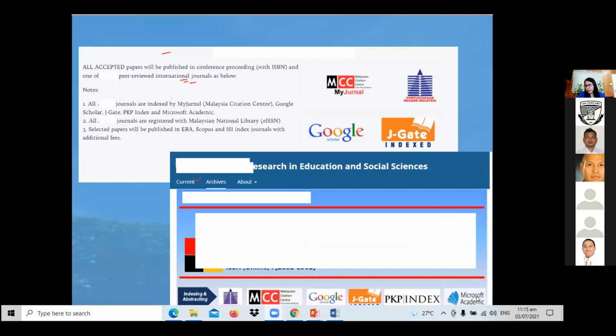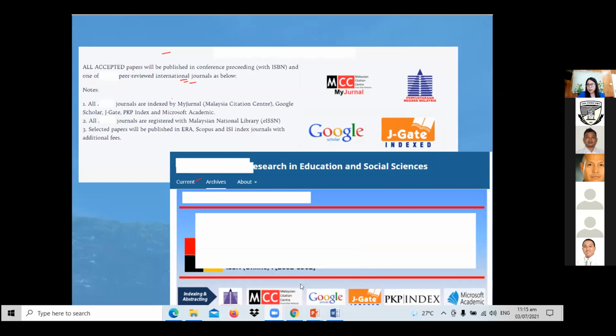You cannot find Scopus and ISI index. Which means they are not telling the truth. It's not really published in a journal that is indexed in Scopus and ISI, but only in JGate Index and Google Scholar.